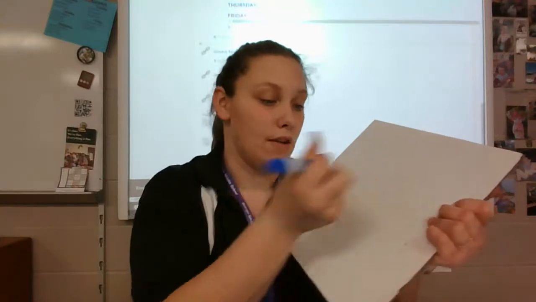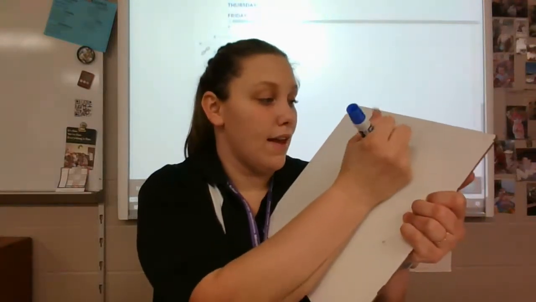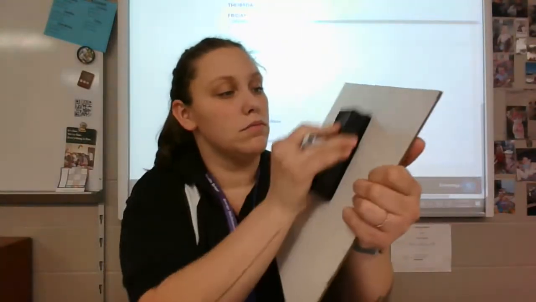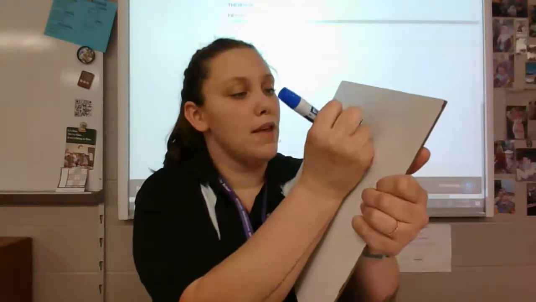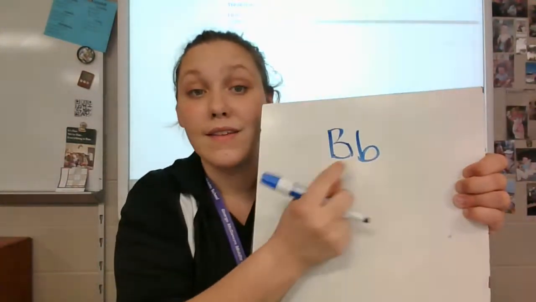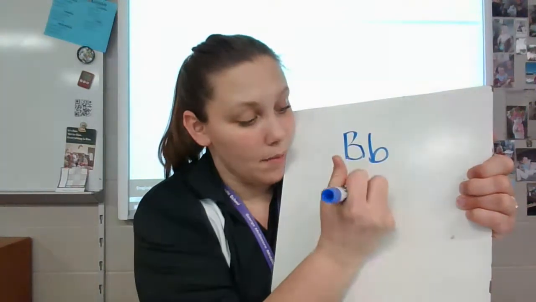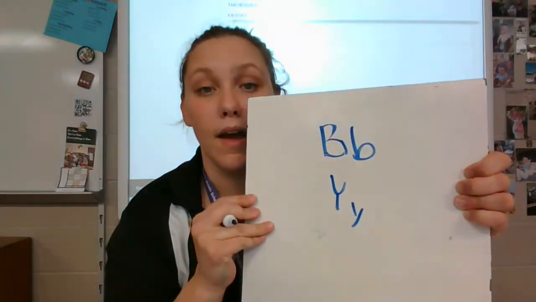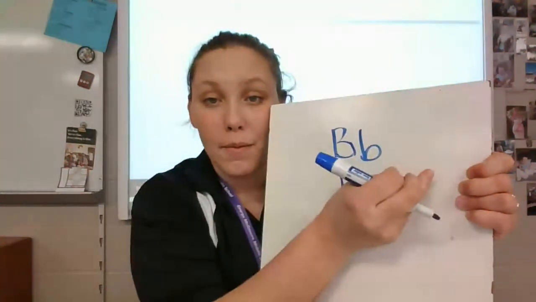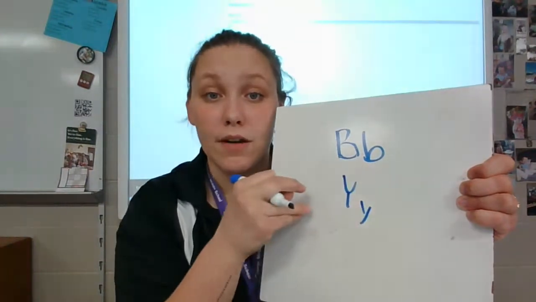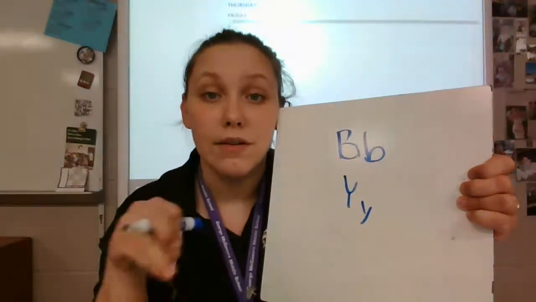Heterozygous, they're going to be different. So it would be like a capital B and a lowercase b. They're not the same. Or it could be a capital Y and a lowercase y. They're not both capital, they're not both lowercase, they're different. That's heterozygous when they're different.